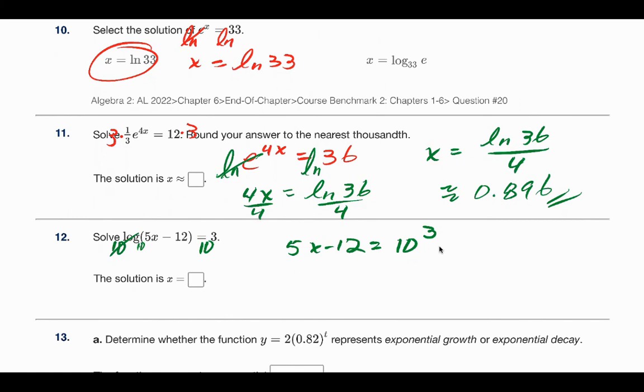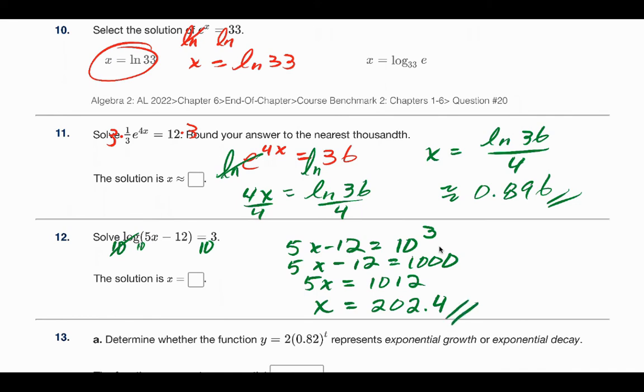So now all we have to do here is say 5x minus 12 is equal to 1,000, because that's 10 to the third power. I'm going to add 12, so that'll mean 5x is equal to 1,012. Then I'm going to divide by 5, and I'll get 202.4, and that's the exact answer. That's what you put in, okay?